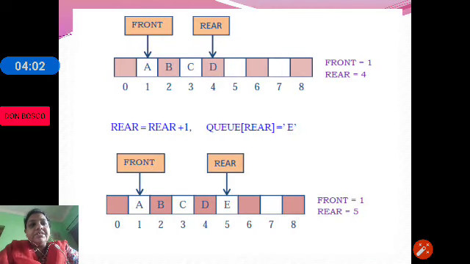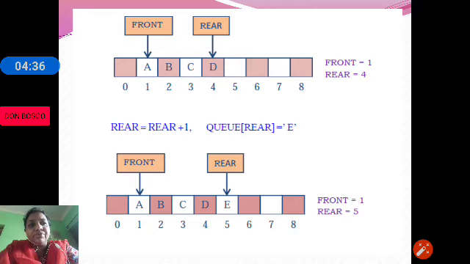Let us have a look at the example here. Imagine A, B, C and D. There are 4 elements, so the front is pointing to 1 and the rear is pointing to 4. Now we are adding E. E is the new element to be added or NQ'd, and E comes after D, that is 4 position plus 1, that is rear is equal to rear plus 1.